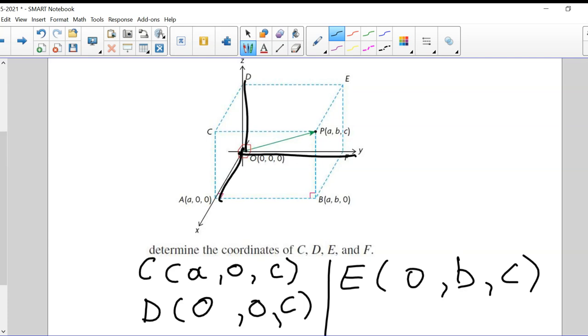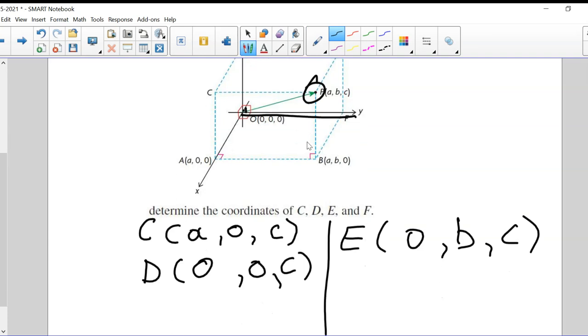Let's say, for instance, getting to Y. To get to Y, I can only travel along the Y-axis, which means that my X-coordinate and my Z-coordinate would both be 0, right? And how far am I going? Well, because the furthest point is at A, B, C, it must mean I went all of B along the y-axis, right? Because B is the furthest point. B is this point right here. Oh, sorry, you can't see that. B is this point right here. So I've gone full B. Okay, great, great. Let's do one more.